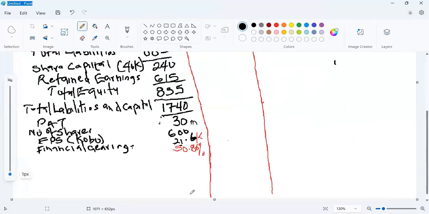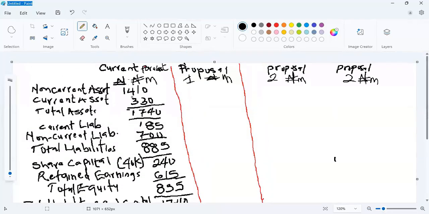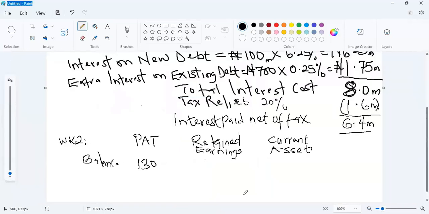For the proposal, our profit after tax was 130 million. Our retained earnings before proposal 1 was 615 million. Our current assets before proposal 1 was given to us to be 330. We move to working 2, page 2. This is 615. This is 330.